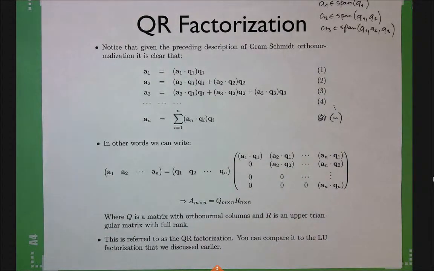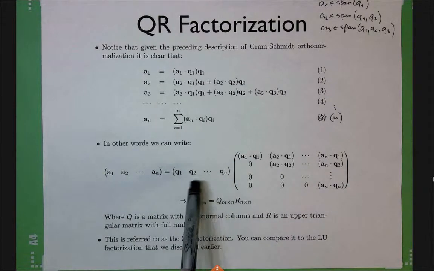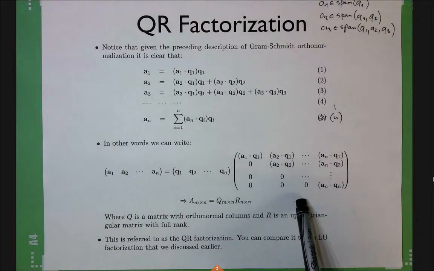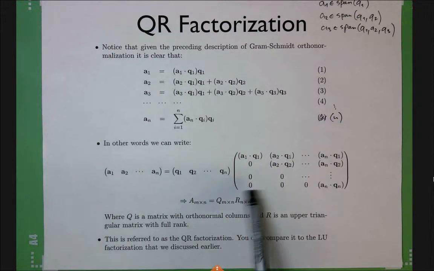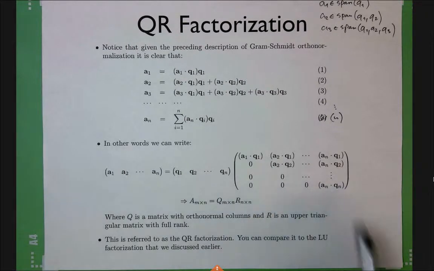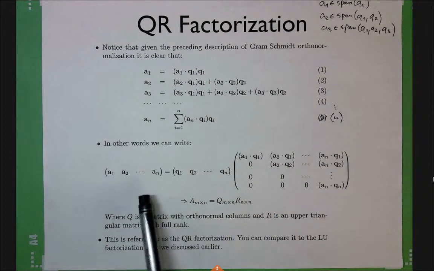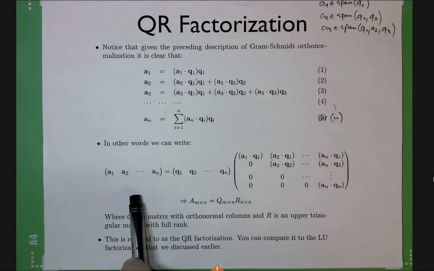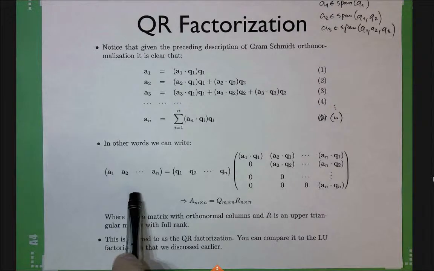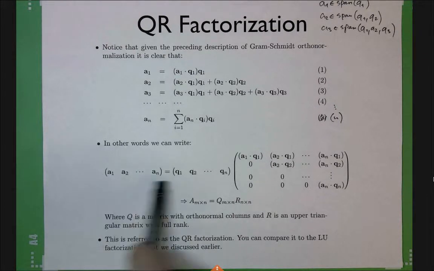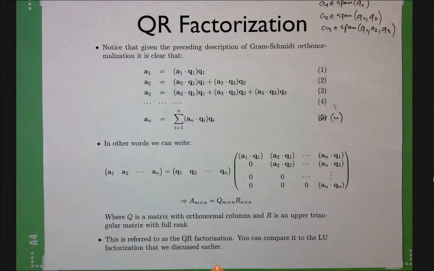Cool. So if I call this Q and this R, then I obtain my QR decomposition, because this matrix has orthonormal columns, and this matrix is upper triangular. And this can be constructed by Gram-Schmidt for any matrix A as long as the columns are linearly independent.